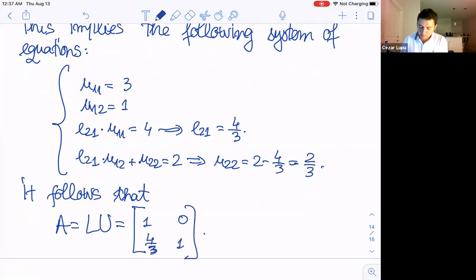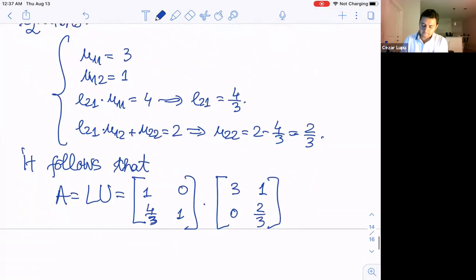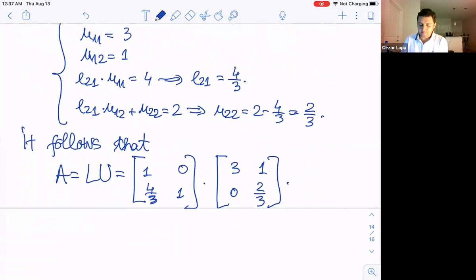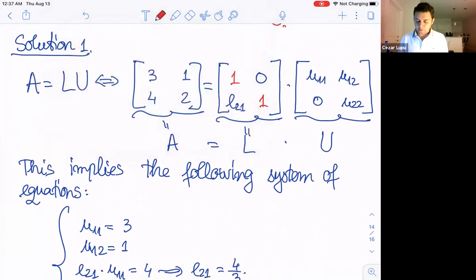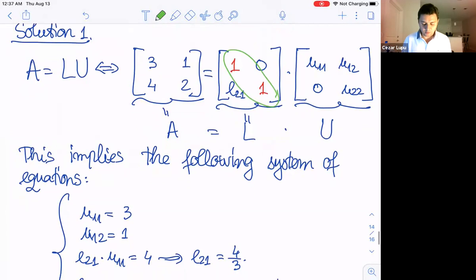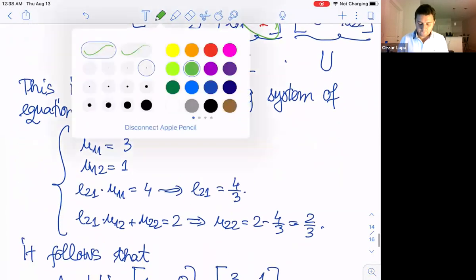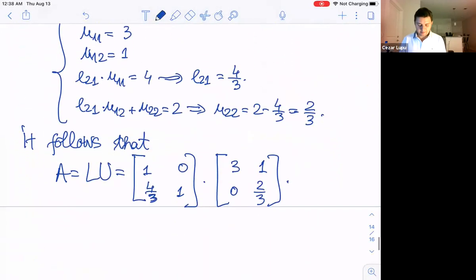This will be L, and U will be nothing else than just 3, 1, and 0, 2 over 3. Right? That's it. The main thing is to observe that on the main diagonal of the lower triangular matrix we will always have 1s. This will always happen. I think I've explained this in the lecture.